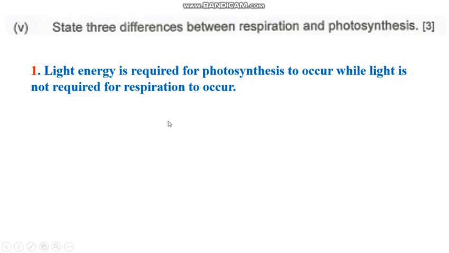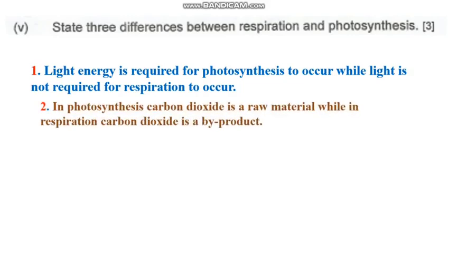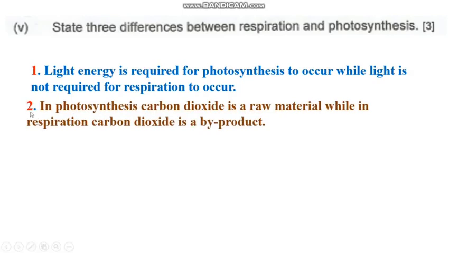Okay, so that is our first difference. Our second difference, we can say that in photosynthesis, carbon dioxide is a raw material, while in respiration, carbon dioxide is a byproduct. Okay, that is the second one. So okay, we have said that in photosynthesis, carbon dioxide is a raw material, while in respiration, carbon dioxide is a byproduct.